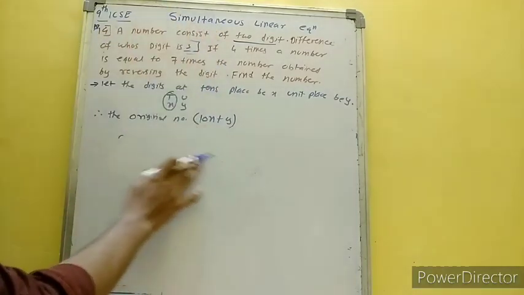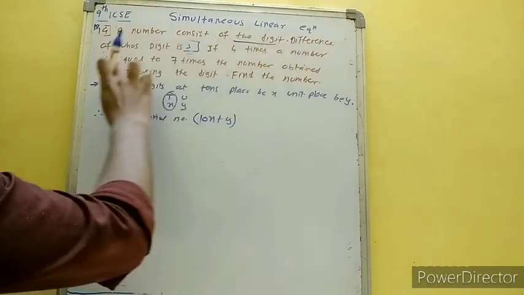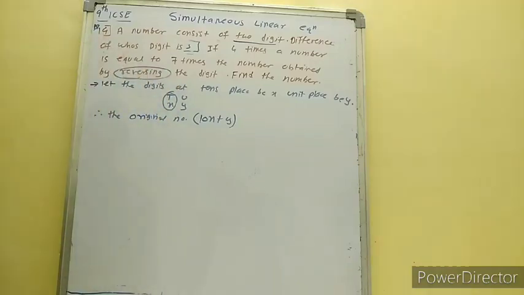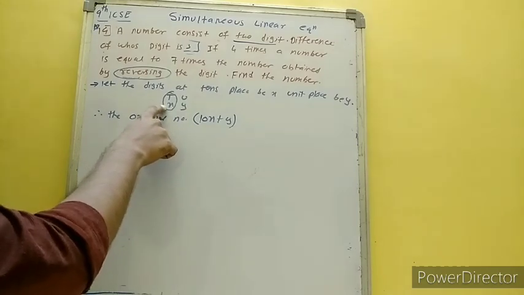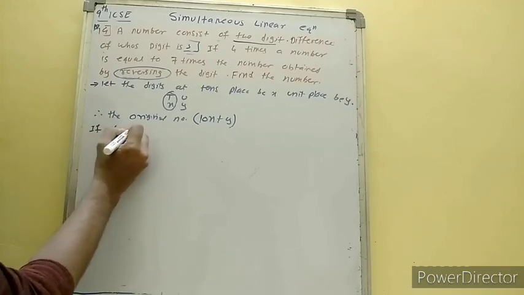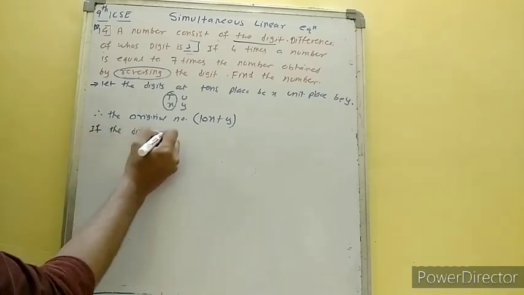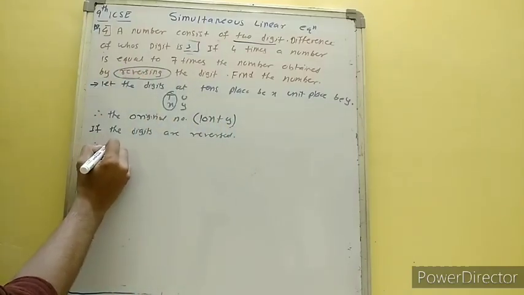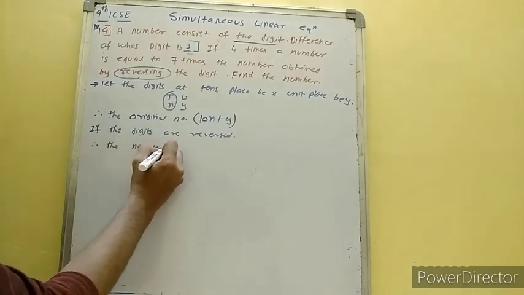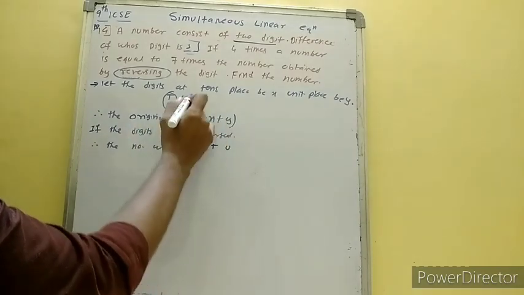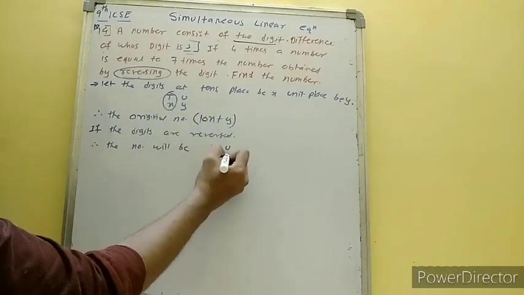Let's start with the second one. 4 times a number is equal to 7 times the number obtained by reversing the digits. What is this reversing the digits? Reversing the digits means y will go at the x place and x will come at the y place. So if the digits are reversed, y will come at the tens place and x will come at the unit place.